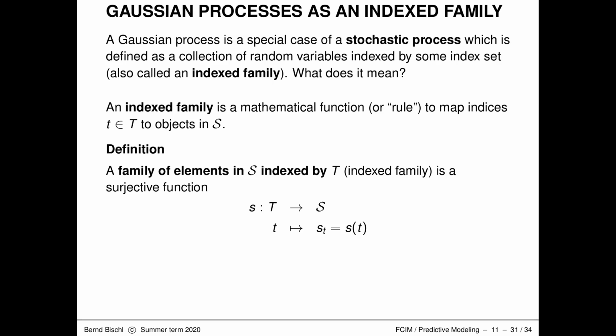What does that mean? An indexed family is nothing too complicated. It's fancy terminology for, hey, we have an index and that tells us to pick a certain element out of a set.